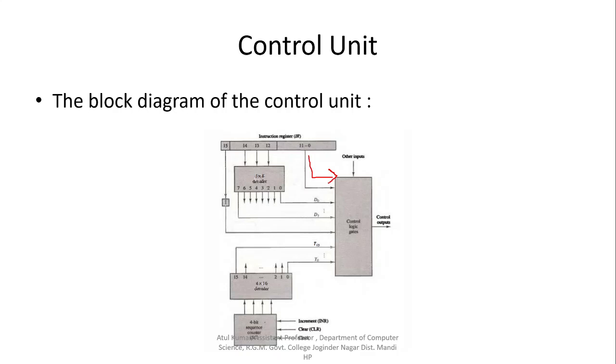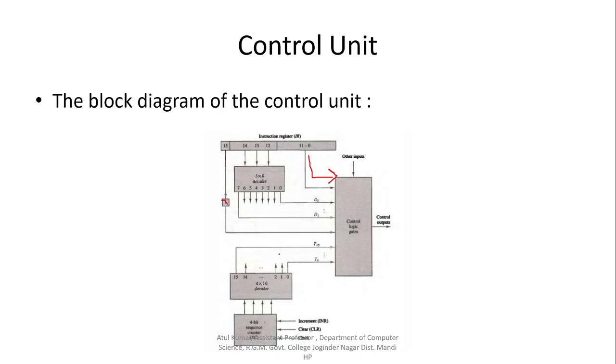The next bits, 12, 13 and 14, are given to the decoder for decoding, and the 15th bit is given to the I register.